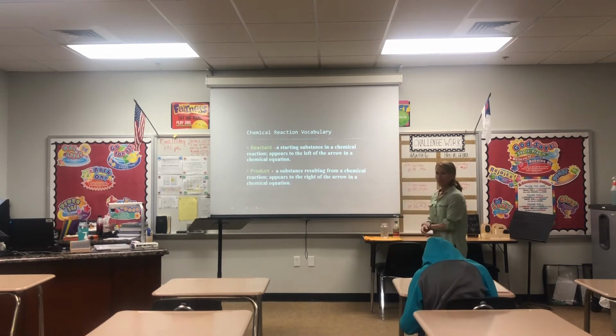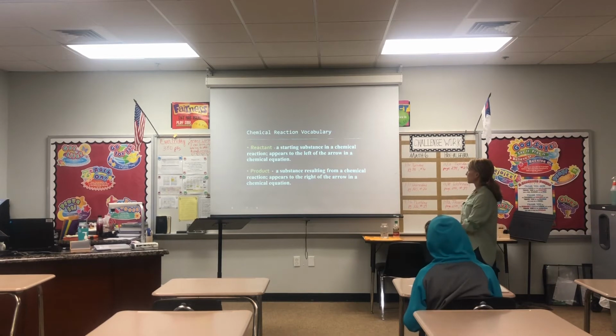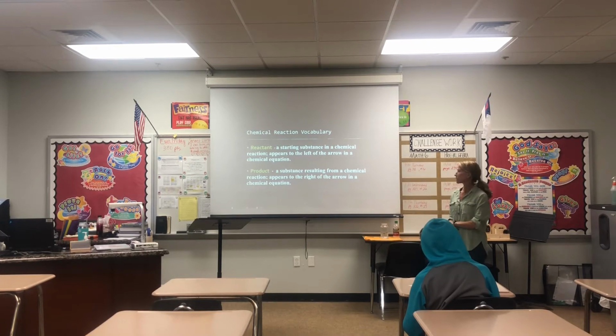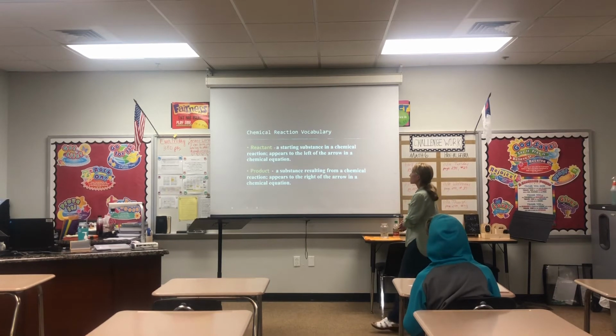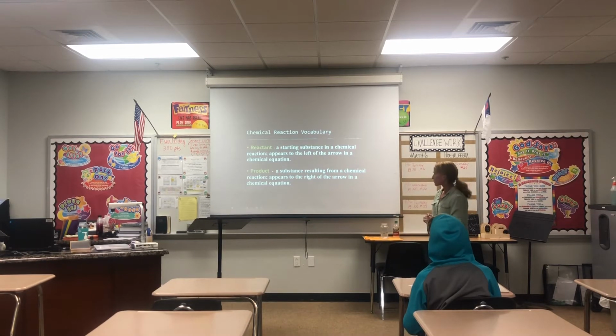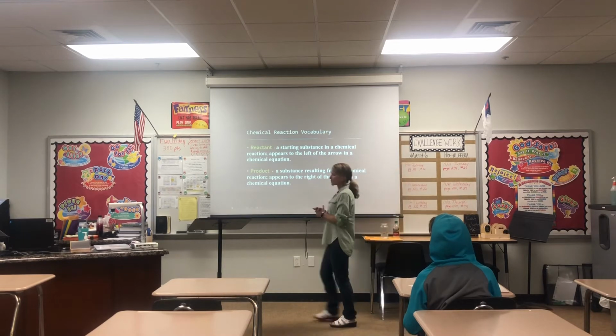So a reactant is a starting substance in a chemical reaction. It appears to the left of the arrow in a chemical equation. The product is a substance resulting from a chemical reaction, and it appears to the right of the arrow in a chemical equation.